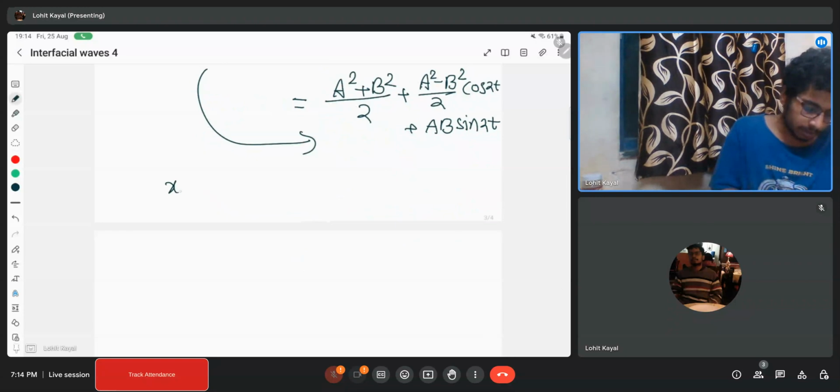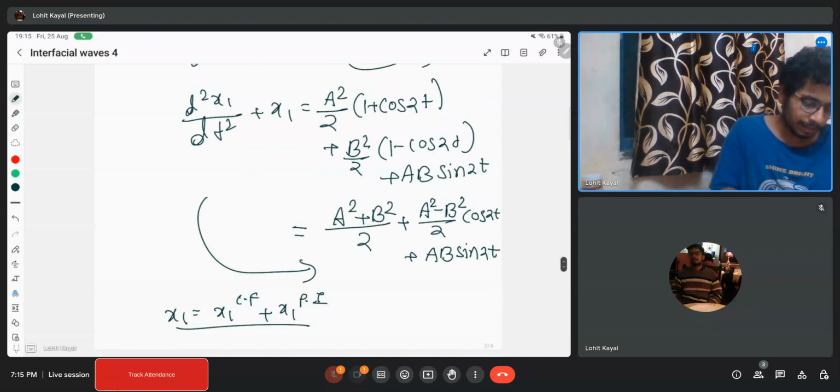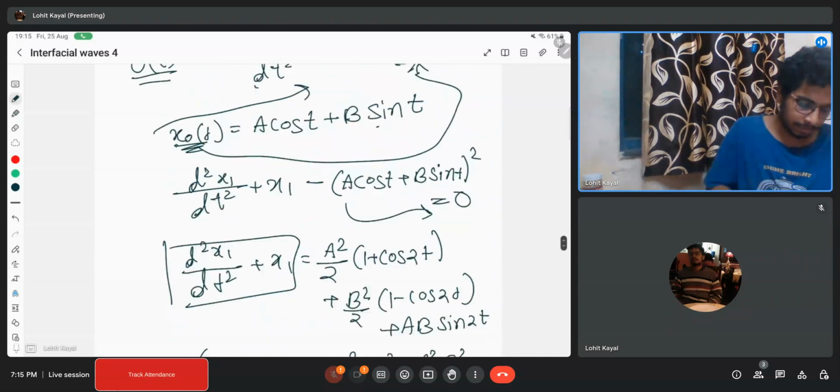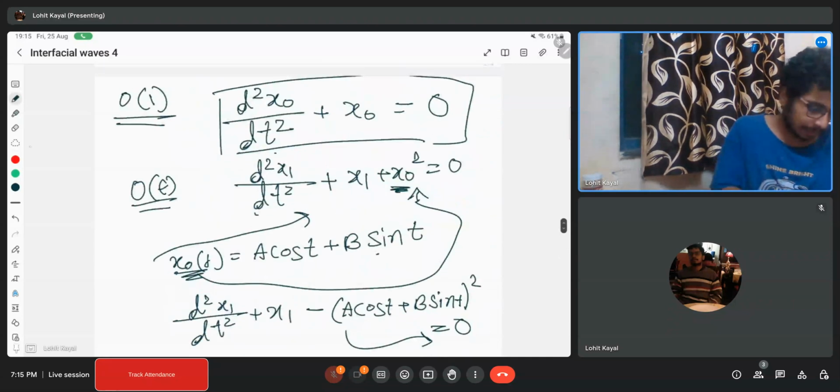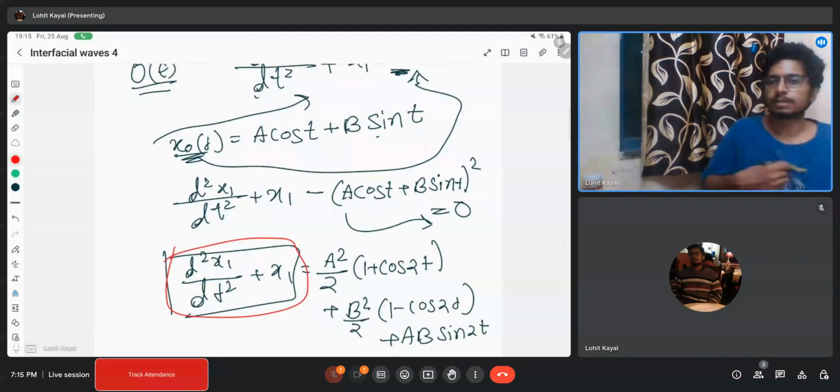For a non-homogeneous equation, we will have a complementary function and a particular integral. Now see this equation and this equation: on the left hand side, they are the same, only the right hand side is different.